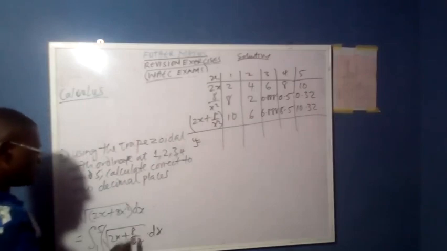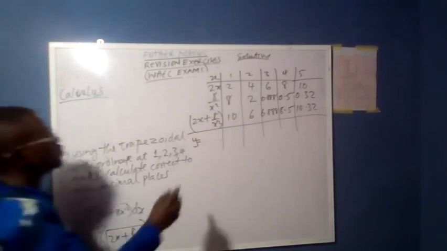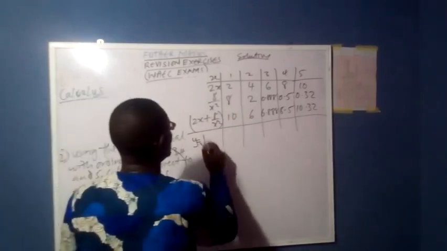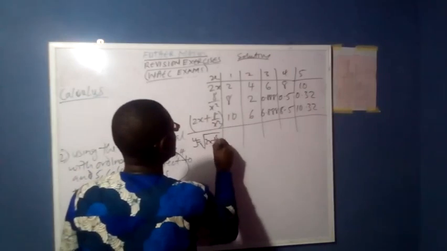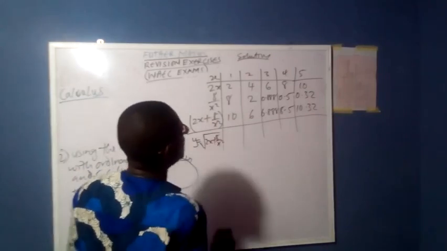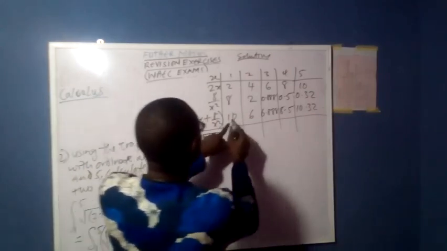The whole of this is the value of y, so y equals the square root of 2x plus 8 over x squared. That means we are going to take the square root of each of these.